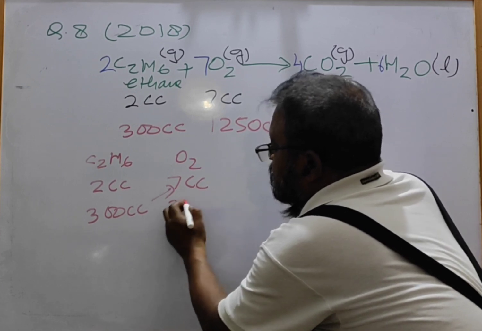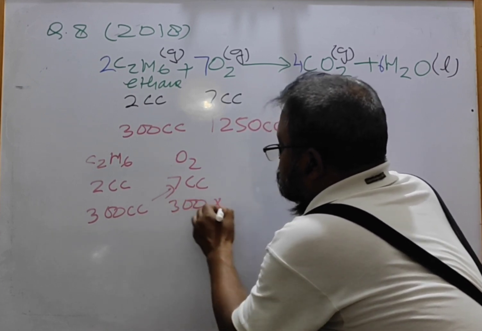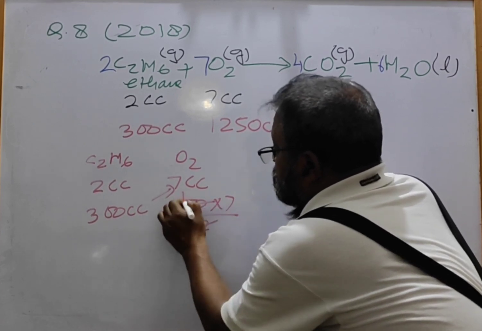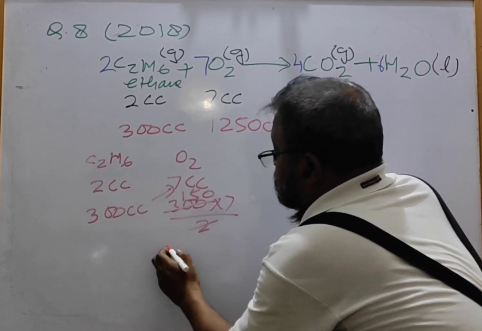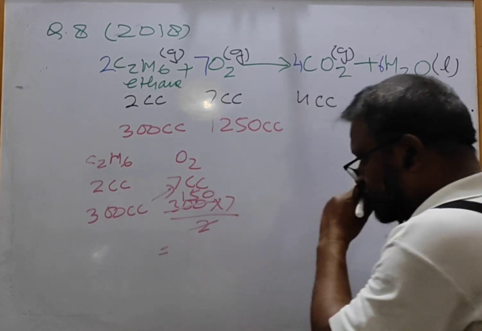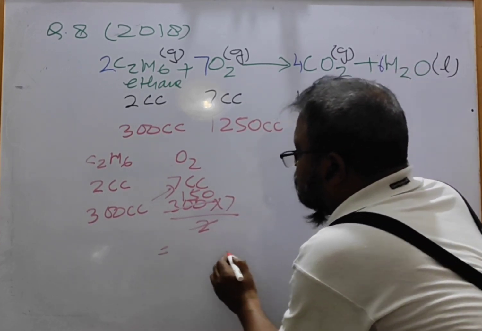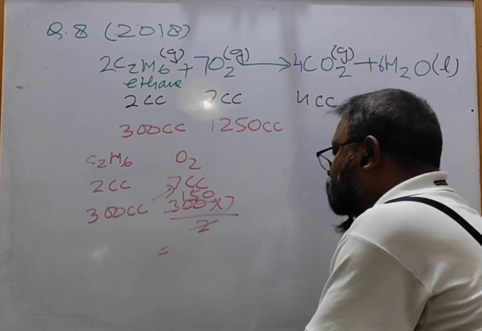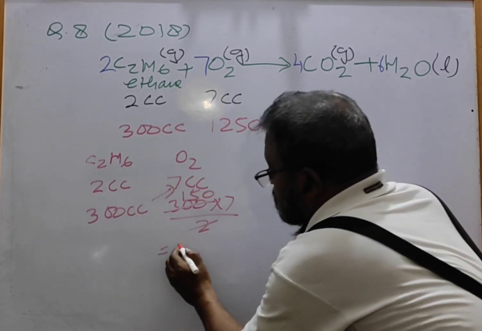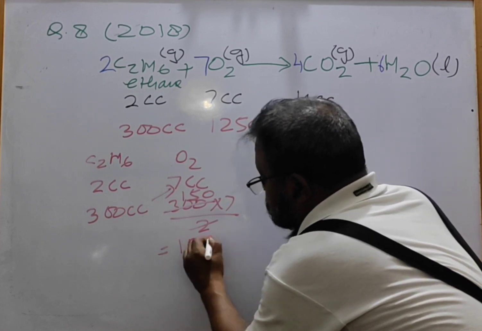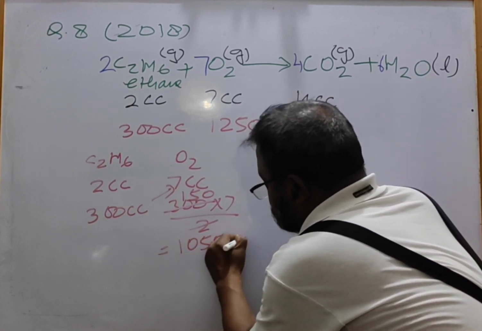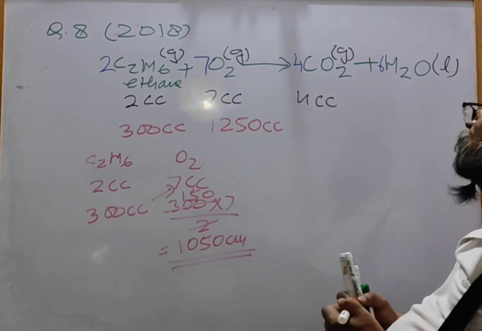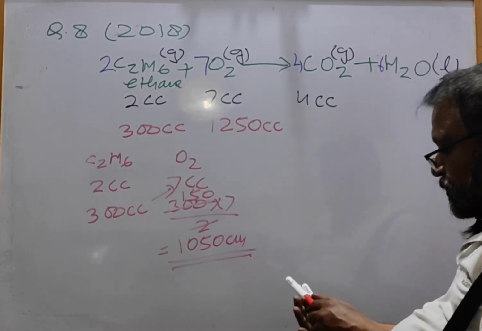So 300 into 7 upon 2 is 150 into 7. 15 sevens are 105, so 1050 cc. This much oxygen is used, right?